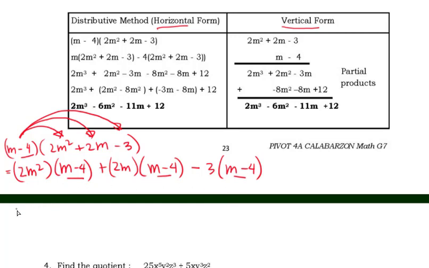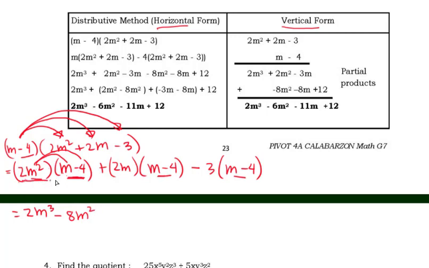For the final answer, we notice we still have a binomial here, so we distribute again inside. 2m squared times m is 2m cubed. Then 2m squared times negative 4 is minus 8, since 2 times 4 is 8, and copy m square.